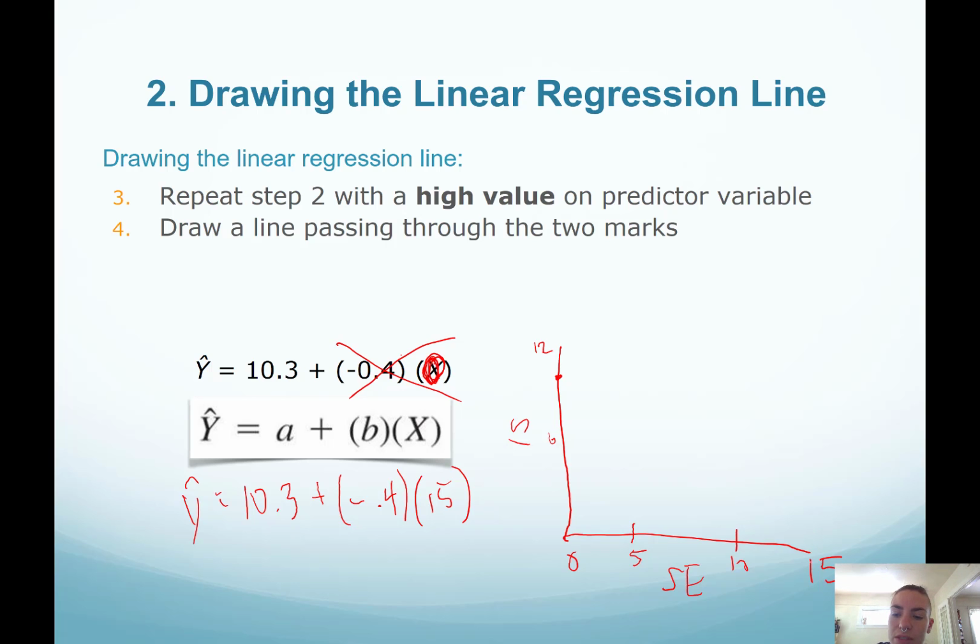So we're over here, someone with self-esteem of 15 has an expected imposter syndrome score of 4.3. So I'm going over 15 and up 4.3 points. So now I have 2 points on my plotting plane, and I know that this is a linear relationship. So I know that I can draw a straight line between these 2 points.